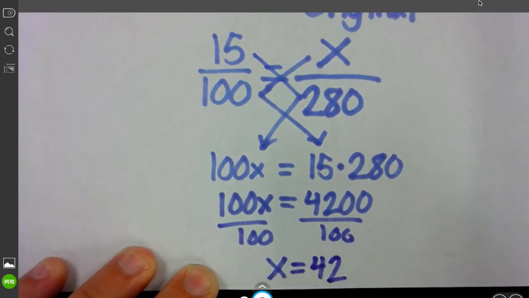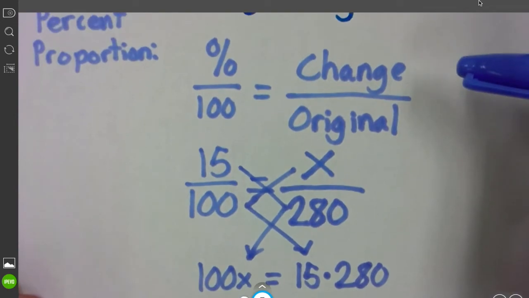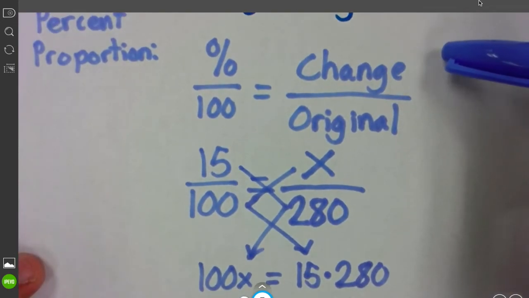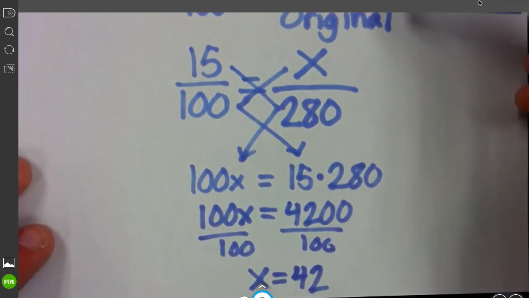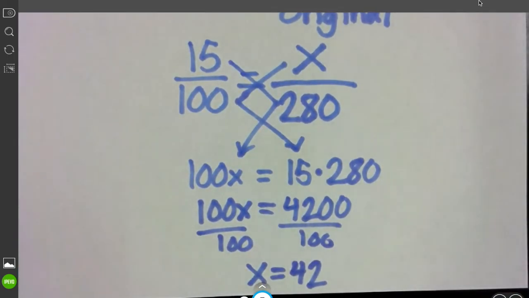Now, the original question said, how many students are enrolled in the 7th grade class this year? It's not 42. Remember, x represented our amount of change, okay? So x is our amount of change. That means there was a change of 42 students. Now, is this an increase? So are we going to add, or is it a decrease? What's a decrease? So we are going to get the answer.